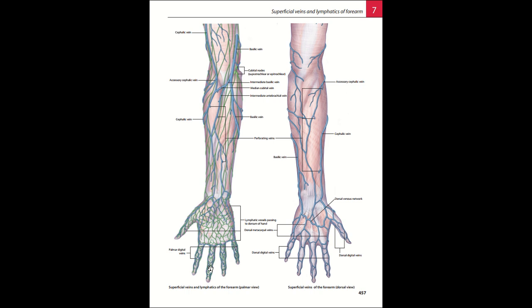Then lymph from the third, fourth, and fifth digits and the middle portion of your hand and forearm drains into the cubital, or supratrochlear, or epitrochlear lymph nodes. These end up draining into your lateral lymph nodes. Let's take a look at another closer diagram.